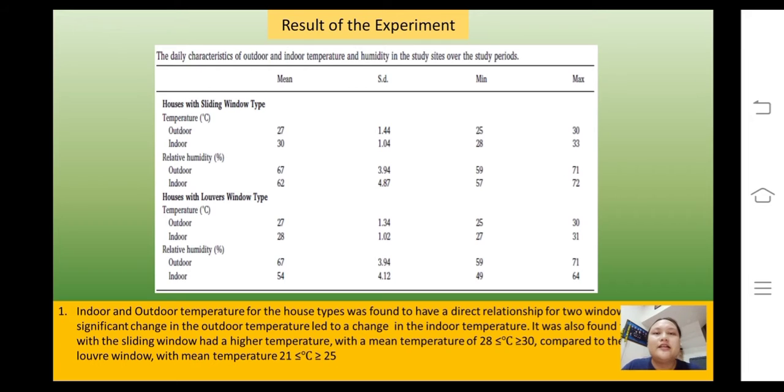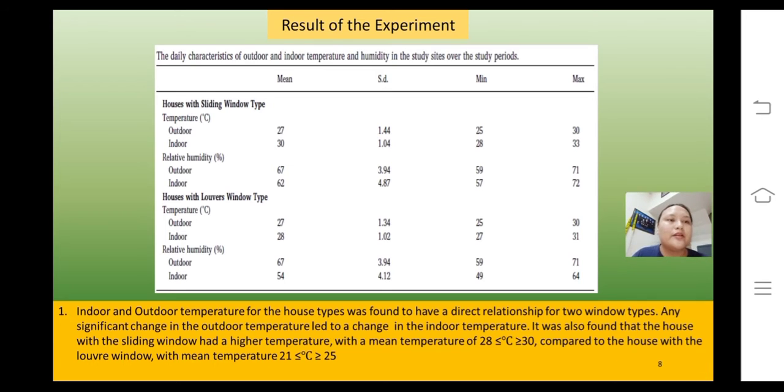So here is the result of the experiment. The indoor and outdoor temperature for the house types was found to have a direct relationship for window types. Any significant change in the outdoor temperature led to a change in the indoor temperature.